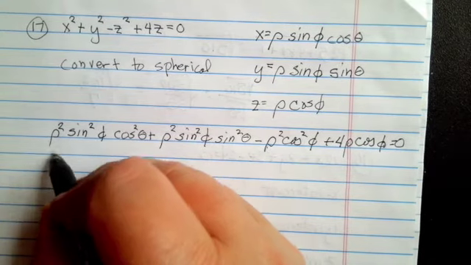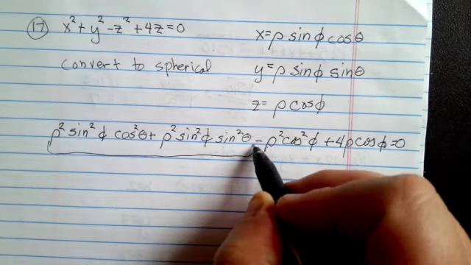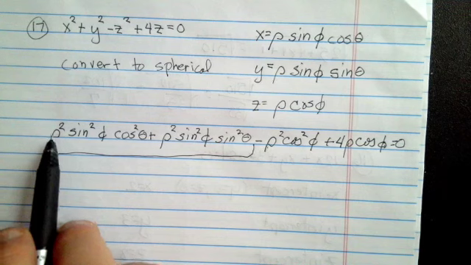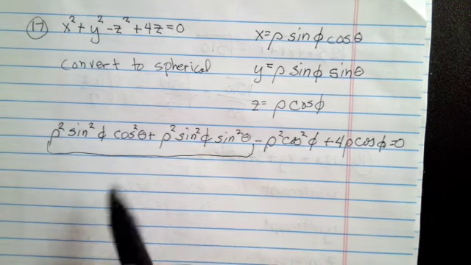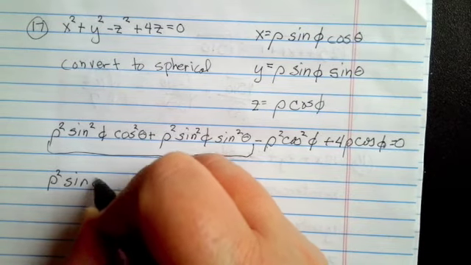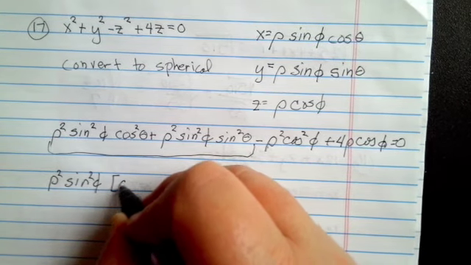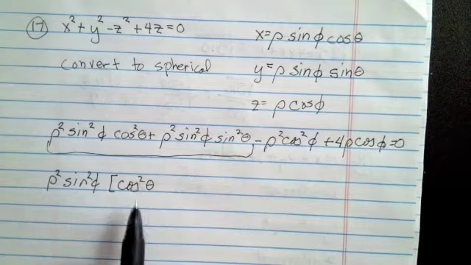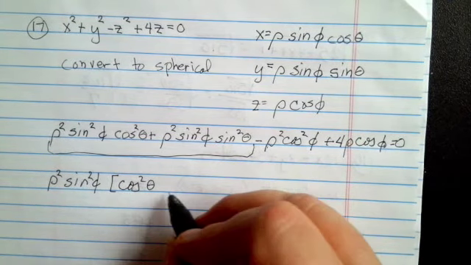All right, so here's what I'm going to do first. I'm going to put these two together, and I notice that there's a common factor of rho squared sine squared phi in these two terms. What gets left behind is cosine squared theta plus sine squared theta.